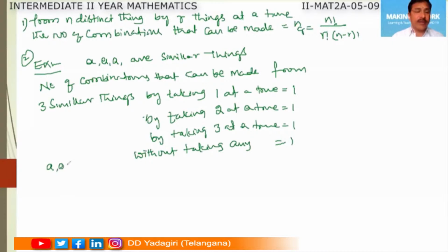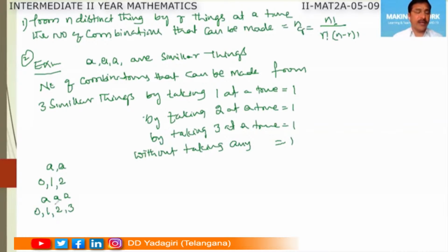Two similar elements can be chosen in 3 ways: without taking, by taking one, by taking two. And three similar elements can be chosen in 4 ways: without taking, by taking one, by taking two, by taking all 3. But for every kind of selection we get only one combination, because the elements are similar.